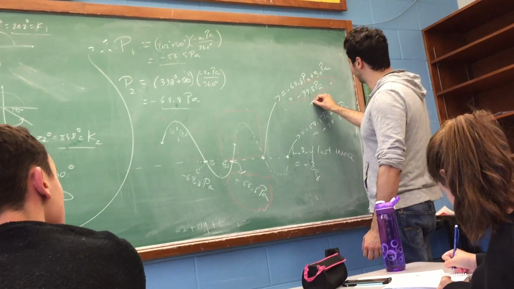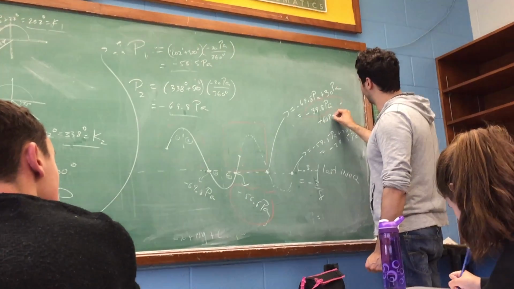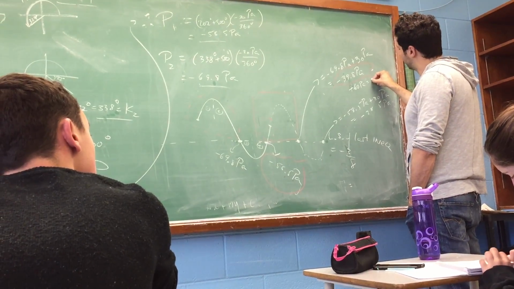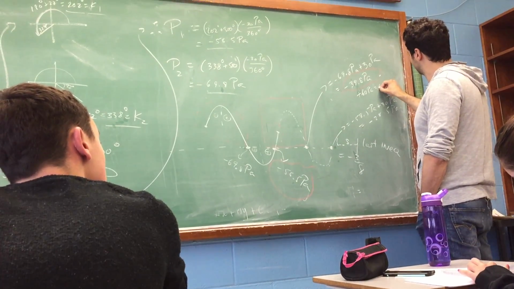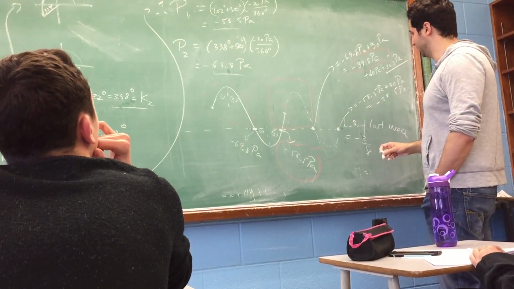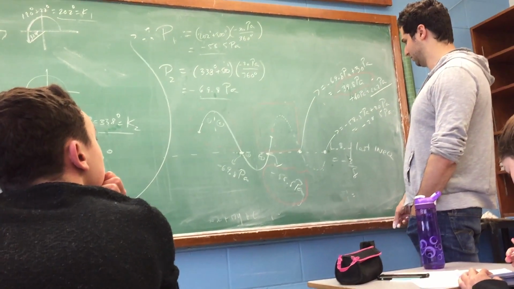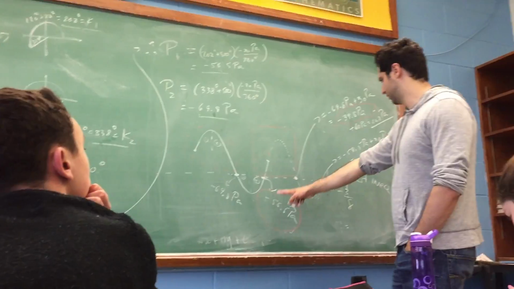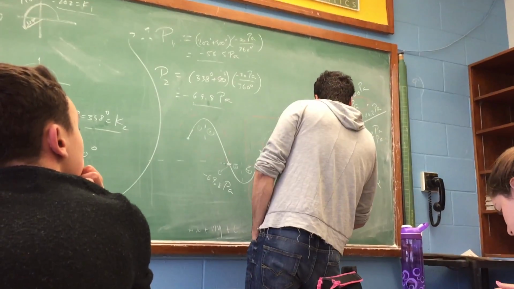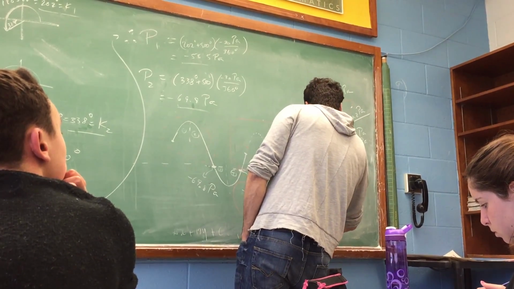Yeah. So if we add 60 PA, what do we get? 20.2. Yep. And the other one I was talking about, this one over here. If we add 60 to that, what do we get? 1.5?